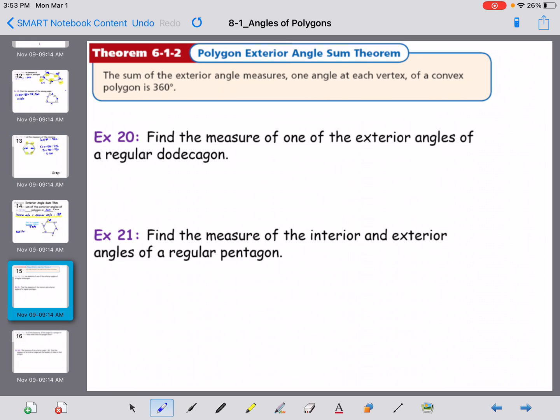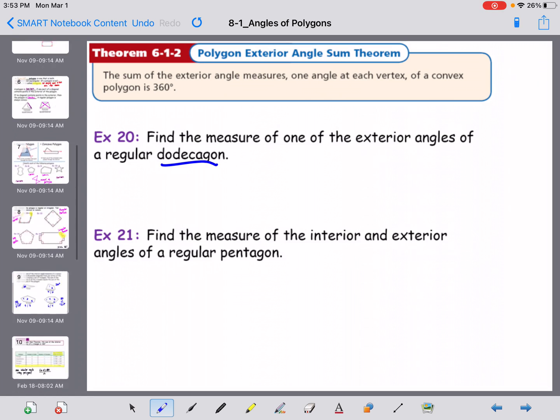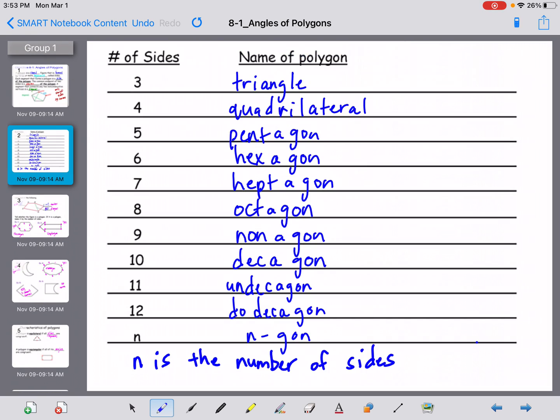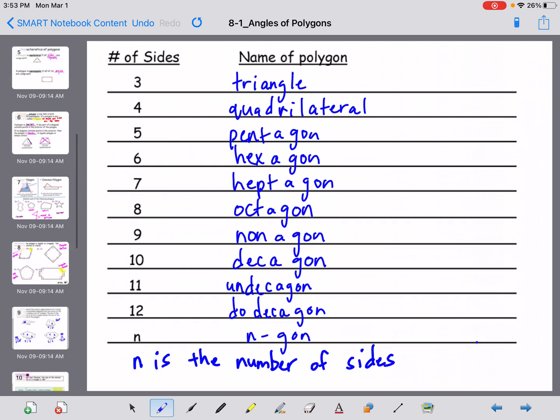So our next example, find the measure of one of the exterior angles of a regular dodecagon. All right, I'm pretty sure you may not have remembered what a dodecagon was. So we go all the way back to example 2. Dodecagon is 12.